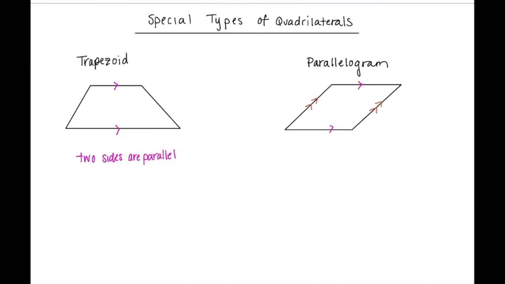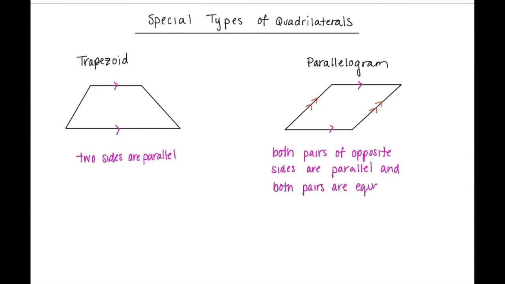So both pairs of opposite sides are parallel and both pairs are equal in length. Kind of long definition. So parallelogram indicates the sides opposite of each other are parallel.